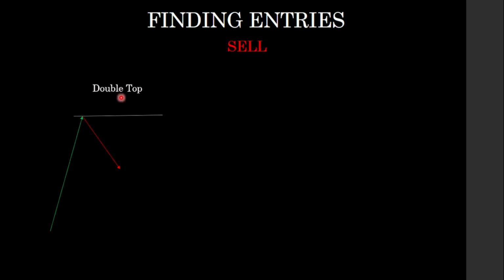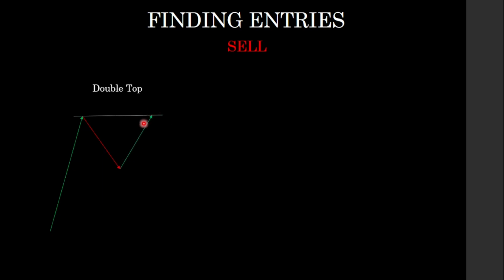So how you trade a double top is that after the first top is formed, you draw a line on top in anticipation of the second top. So you wait for the market to make the second top.